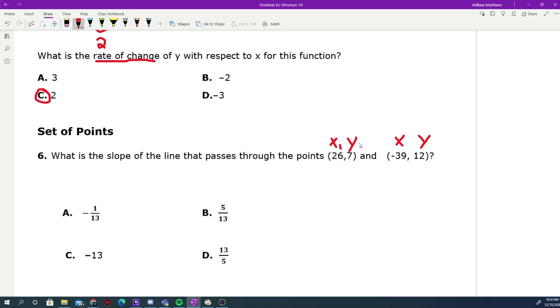What we do then is label each one with a subscript. Subscript is a smaller number at the bottom. Now I can identify the difference between my first point and my second point, which will help us out in the equation.